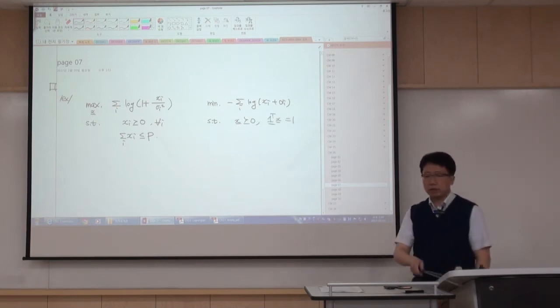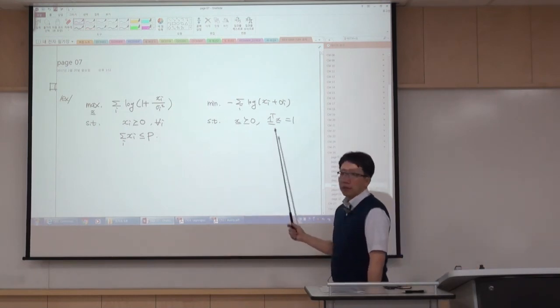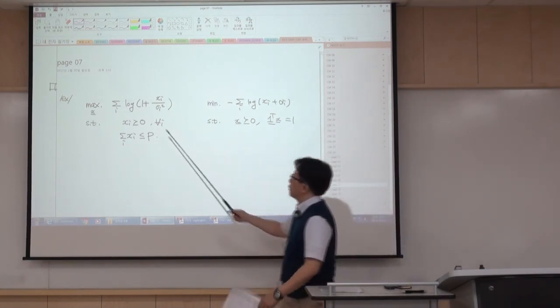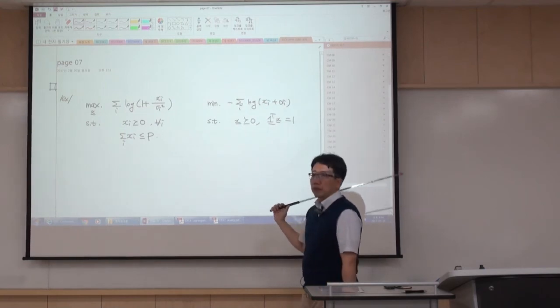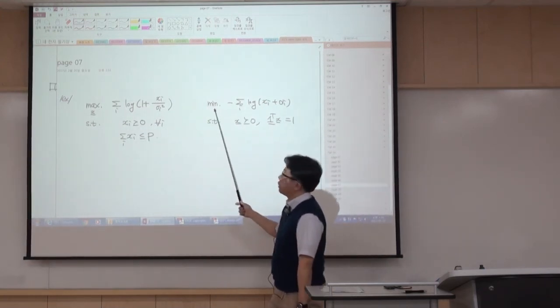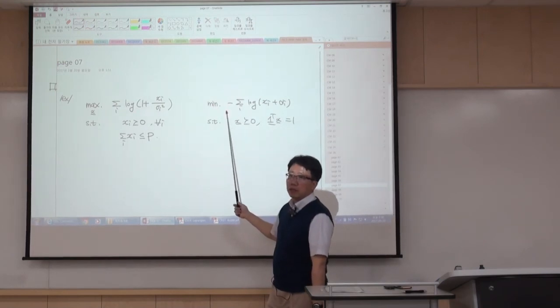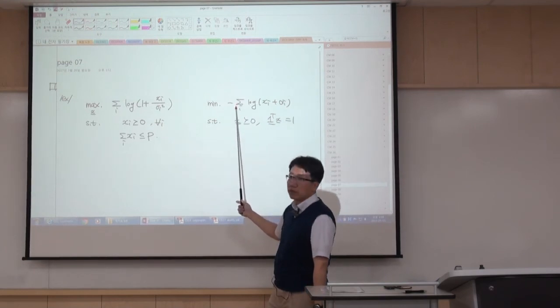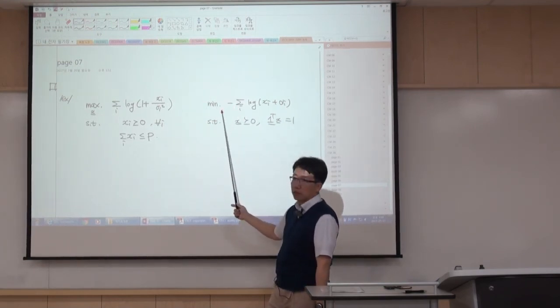Are they different or are they the same? Let's compare one by one. First, objective function. Are they the same? Here we have maximization, here we have minimization but with a minus sign. So we can drop this minus sign and change this to maximization.